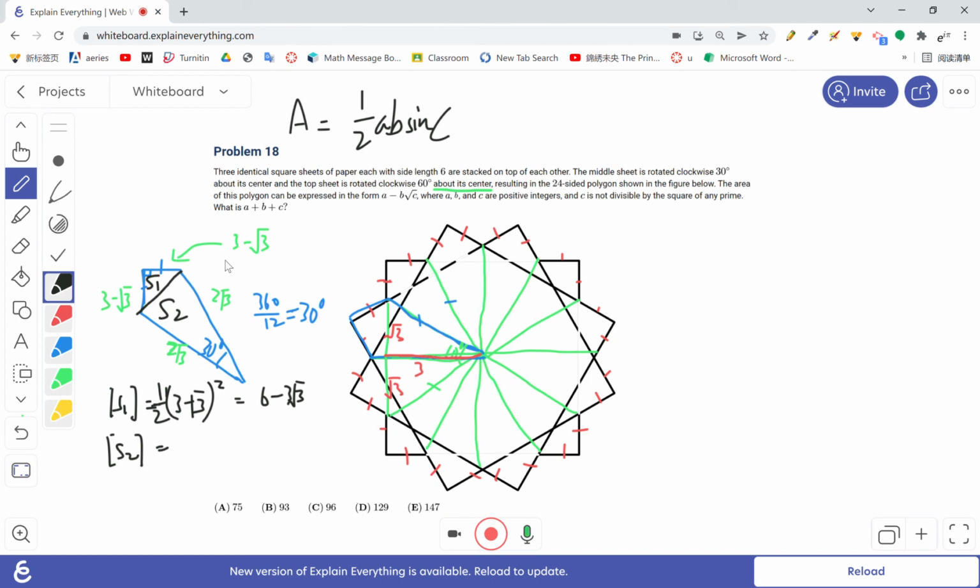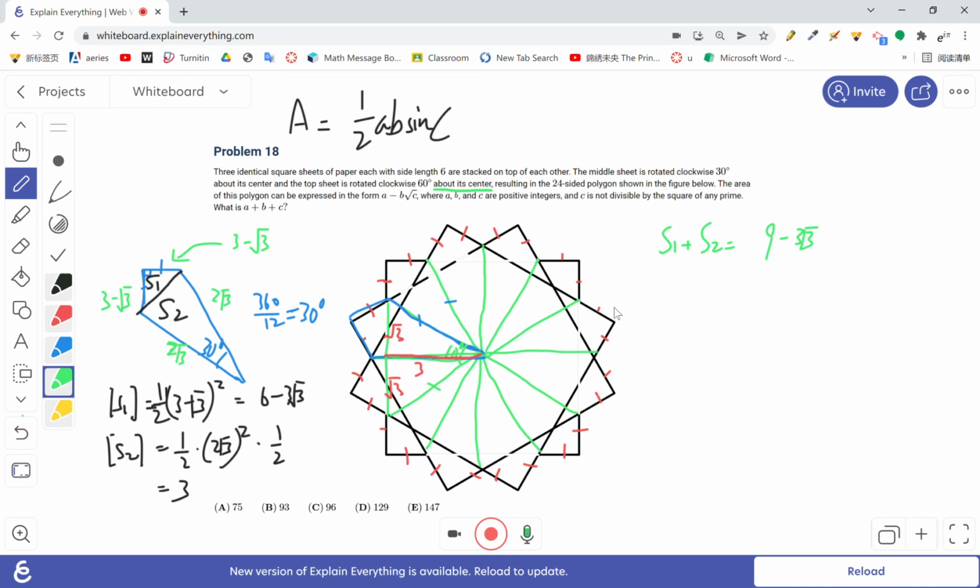So now we'll use it. In this case, we have 1/2 times (2 root 3) squared times sine of 30. What's sine of 30? Sine of 30 is basically 1/2, which equals 3. Alright, so now just combine this area. S1 plus S2 is indeed equal to 9 minus 3 root 3.